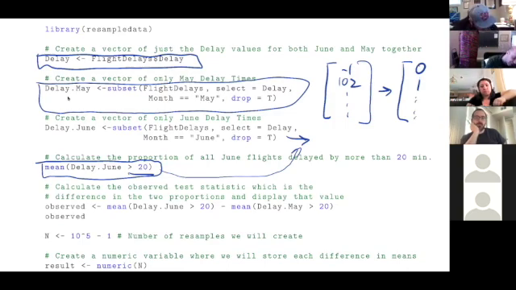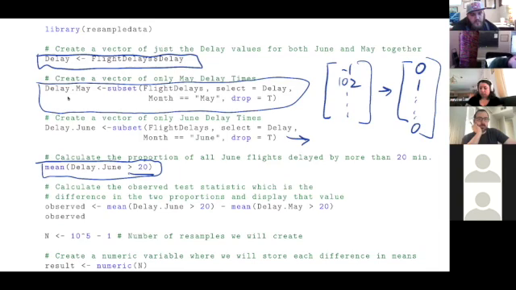So this now becomes a vector of a bunch of zeros and ones. And if we take the average of all of these zeros and ones, it's equivalent to counting what proportion of entries had a delay longer than 20 minutes. So that's telling us what p hat for June is, for example.